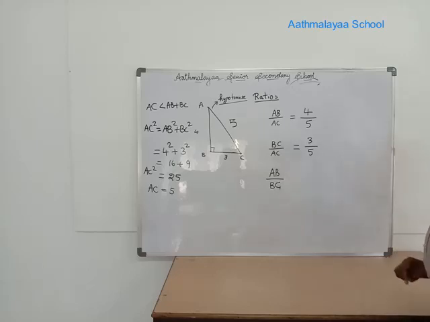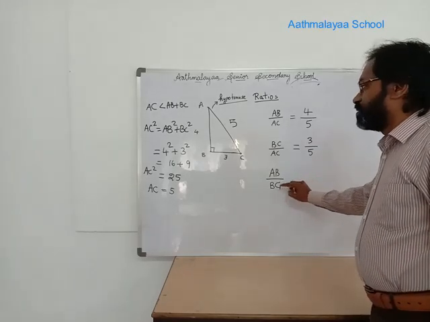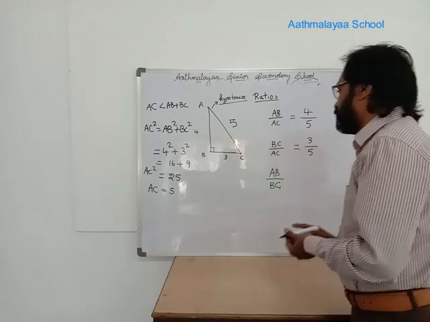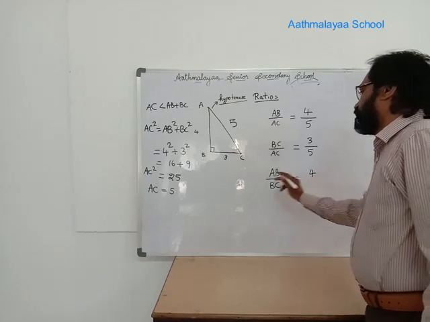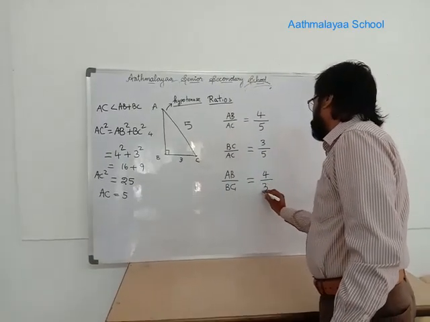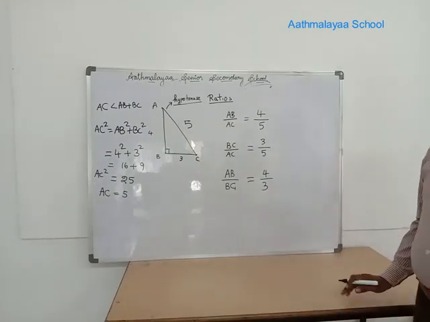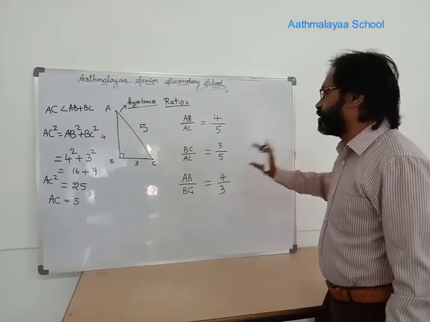The third ratio I have written is AB by BC. AB is 4 and BC is 3, so 4 by 3. Now we have written three ratios: 4 by 5, 3 by 5, 4 by 3.